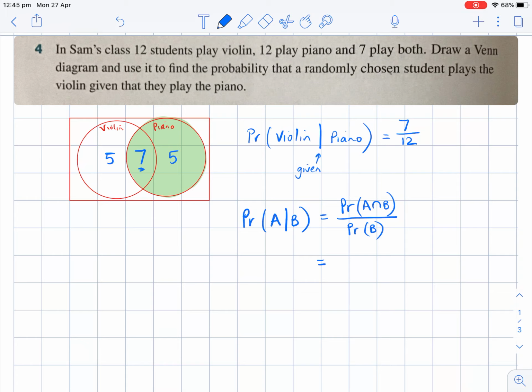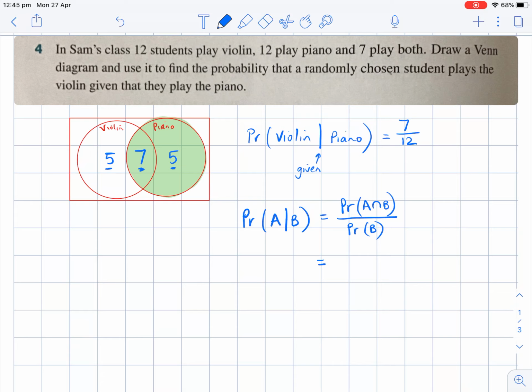So if I wanted to use this rule and I went back to the beginning and said, all right, so in total I have Sam's class. In total, how many students do I have? Well, I've got 5 plus another 5 plus 7 in the middle. That makes 17 students.